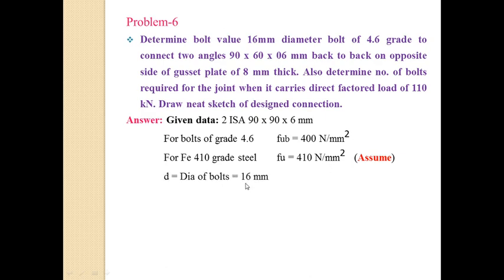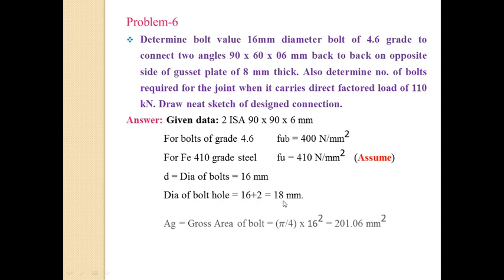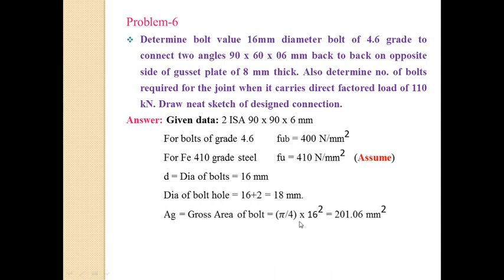Diameter of bolt is given as 16 mm. Diameter of bolt hole is 16 plus 2, that is 18 mm. Gross area is pi by 4 into d square, which is 201.06 mm square. Net area is equal to 0.78 into gross area, that is 156.82 mm square. So this is all the given data.